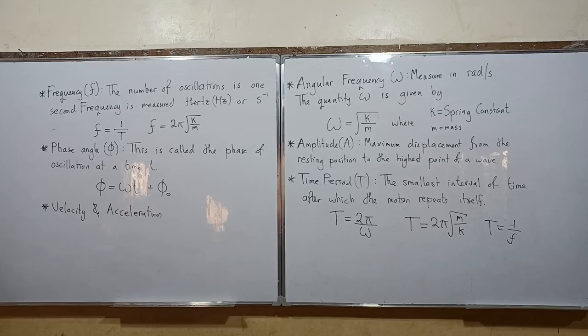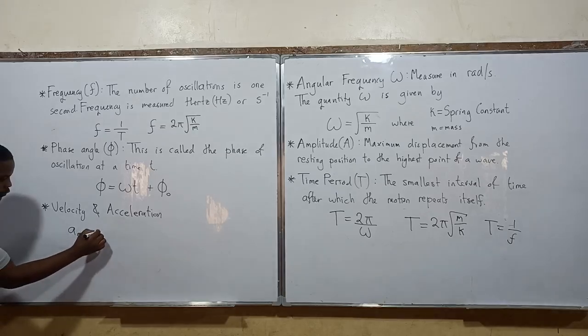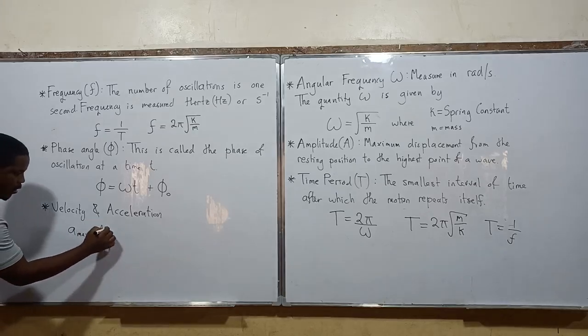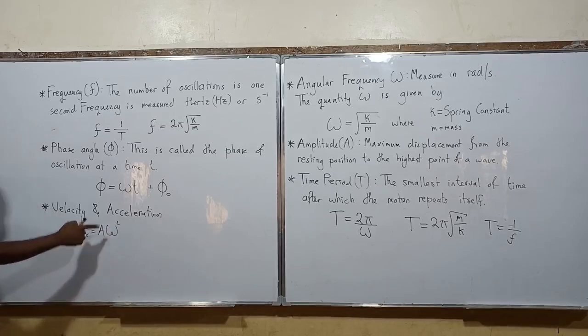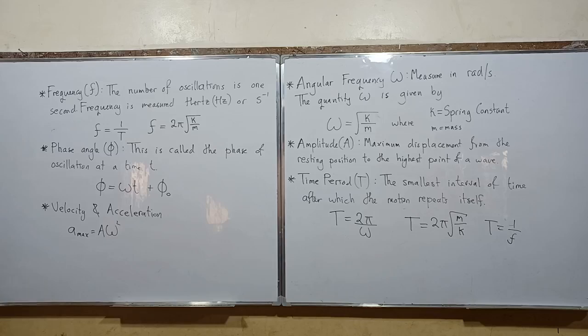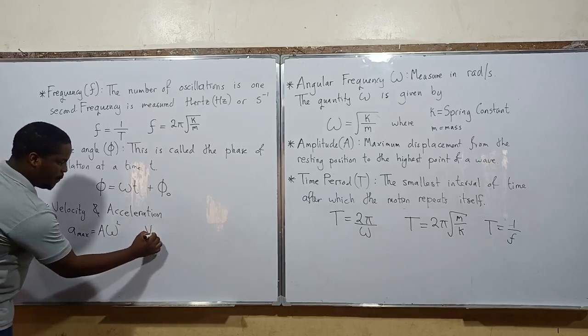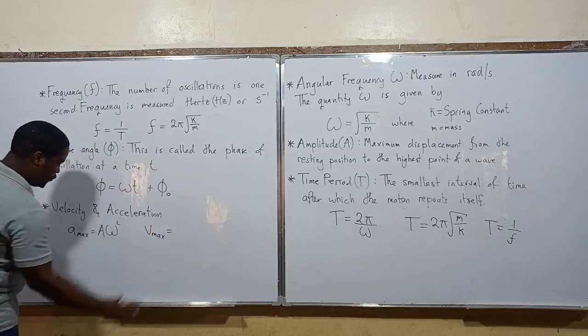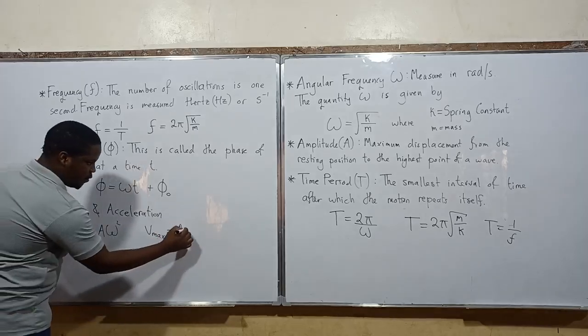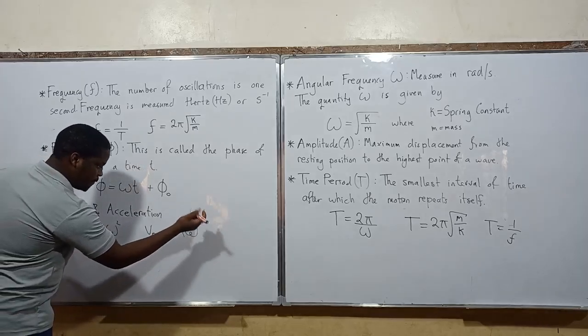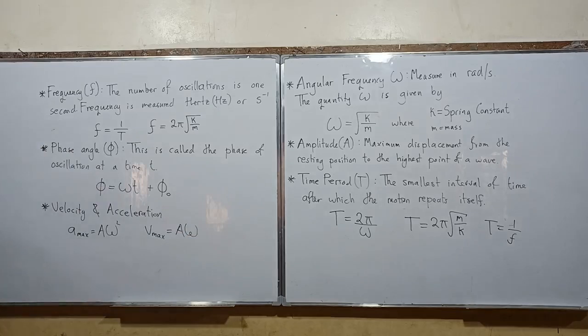So you can say maximum acceleration, or write it like this. A max is equal to omega squared A. What is A? Amplitude. So children, a is acceleration, adult A is amplitude. So V max is equal to A omega. Yeah, that's A omega. That's it.